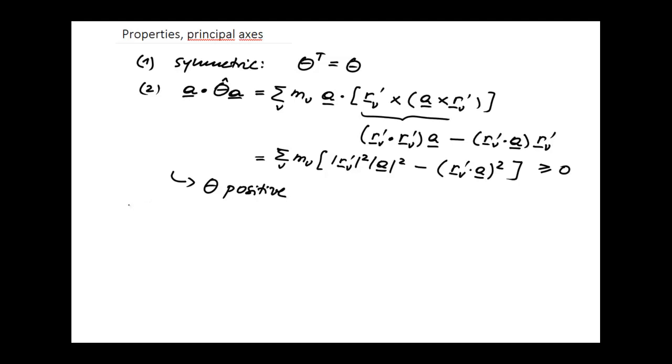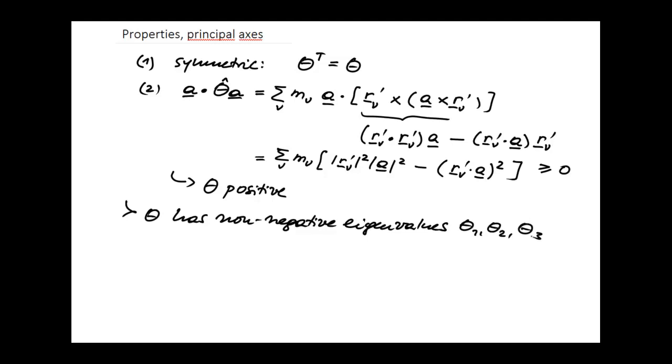This implies, in turn, that theta has non-negative eigenvalues and it can be diagonalized. Let me call these eigenvalues theta 1, theta 2, and theta 3. Associated with these eigenvalues are eigenvectors.